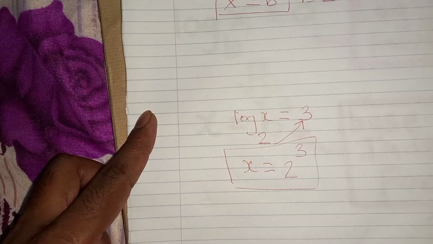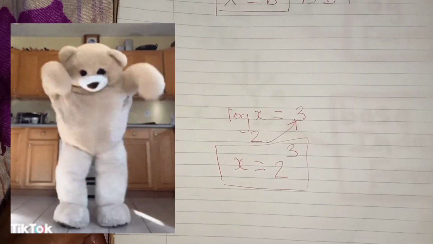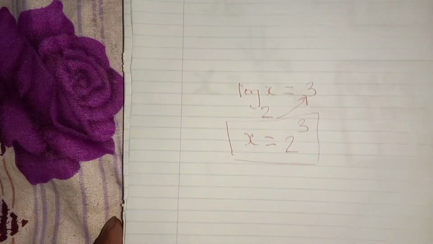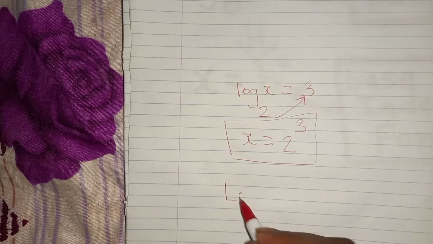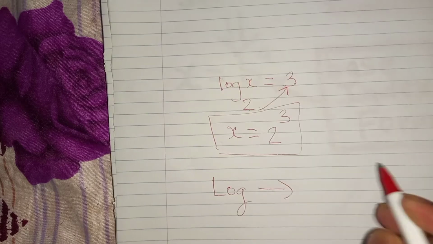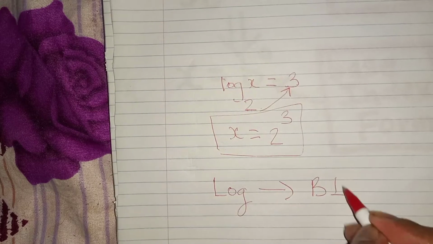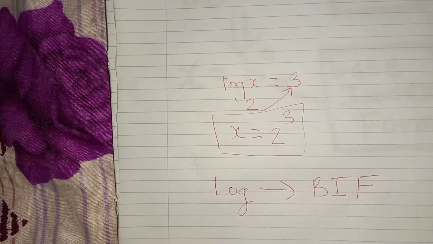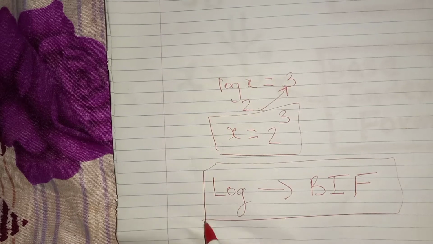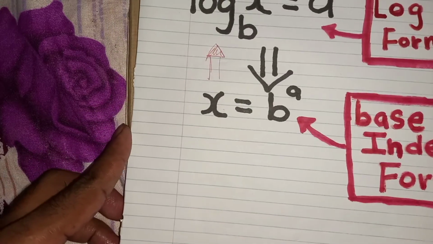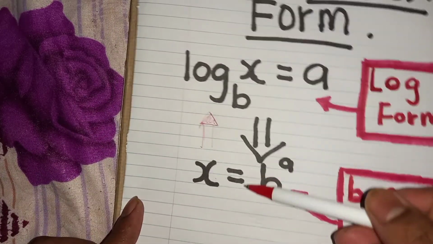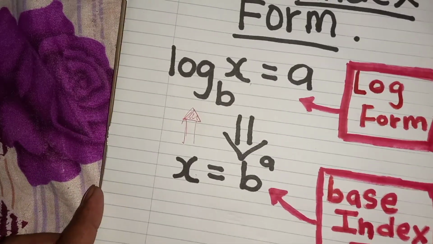So that is from log to base index form, this way. We have gone this way already, right?